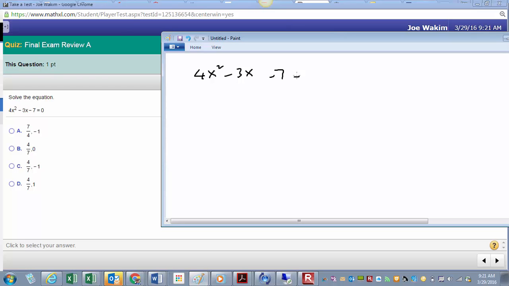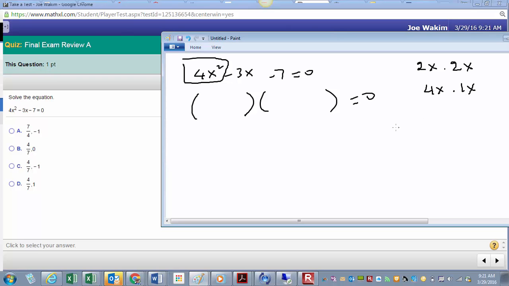Notice we have solutions, so this can be factored. So the first thing I do, I open 2 parentheses. How do we get 4x squared? Well, we have 2 options, 2x times 2x, or we have 4x times 1x. I don't know, I can take anything. Since I have a small number in the middle, let's see. Okay, I see it, I'm going to use 4x.